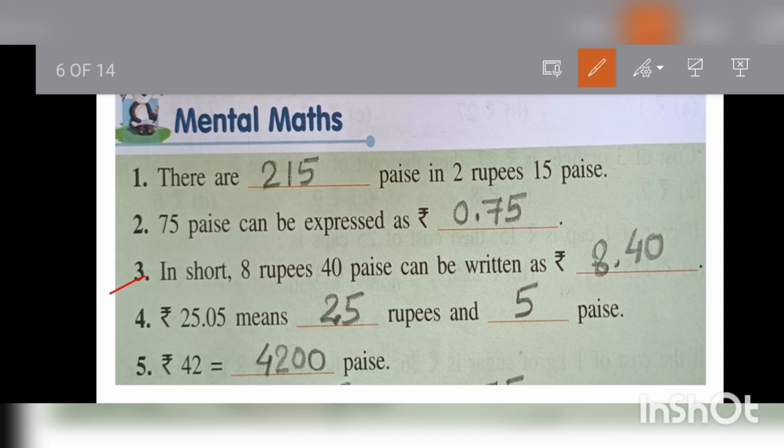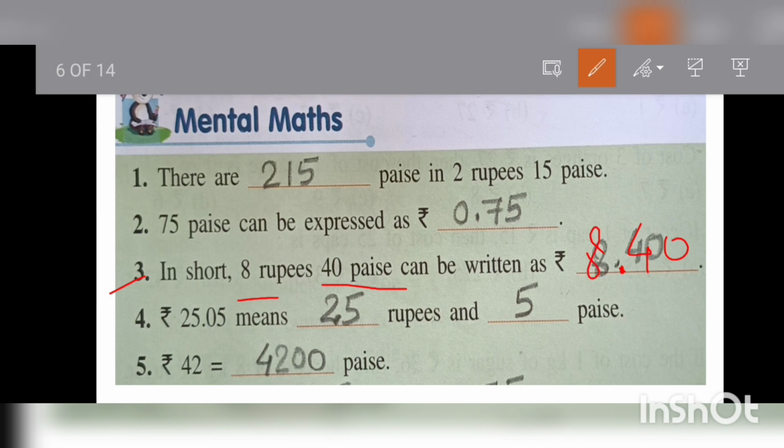If we put a dot here, this 40 represents paise. That's why we have to write this 40 to the right of the dot. Then this 8 represents rupees, that's why we have to write it to the left of the dot.